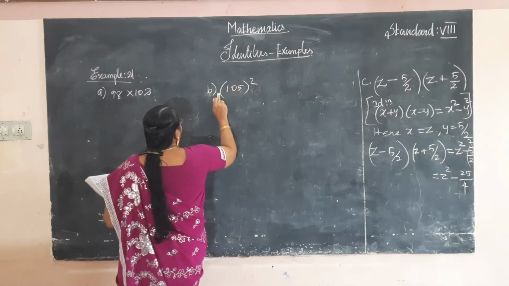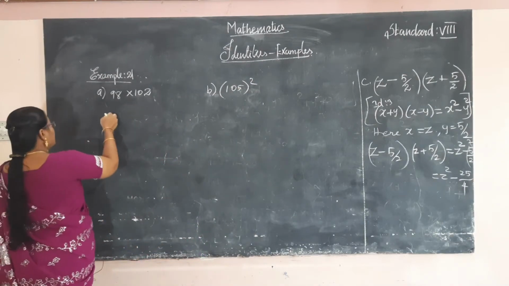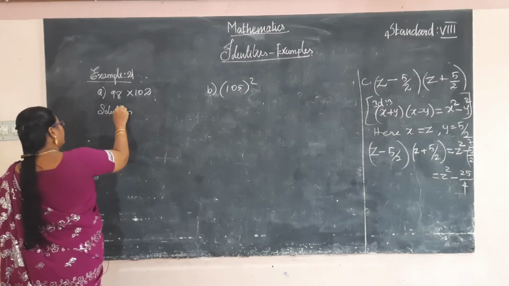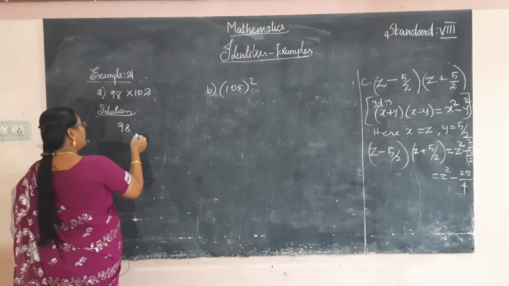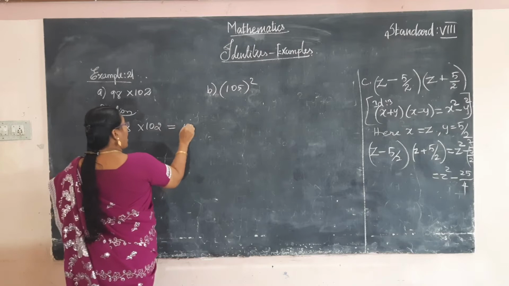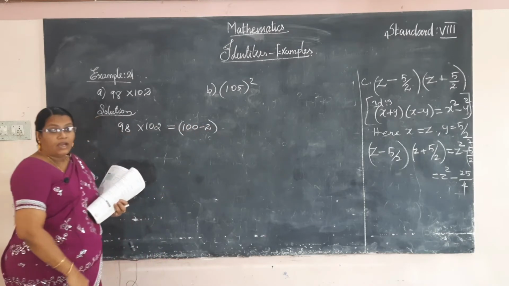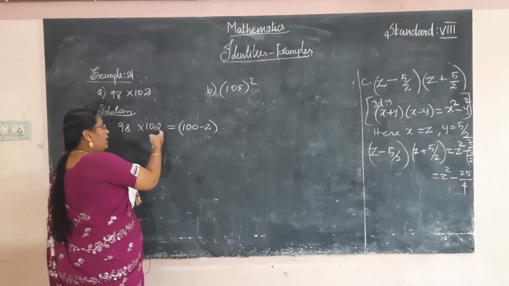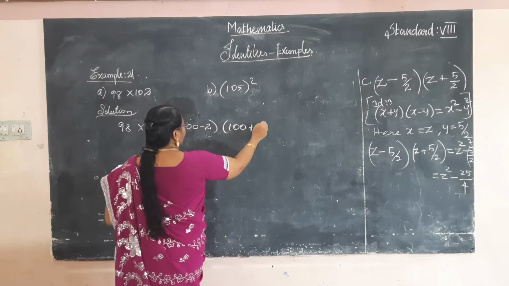Okay, so 98 can be written as, how can you write? 100 minus 2 we get 98, is it? 98 can be written as 100 minus 2 and 102 can be written as 100 plus 2.